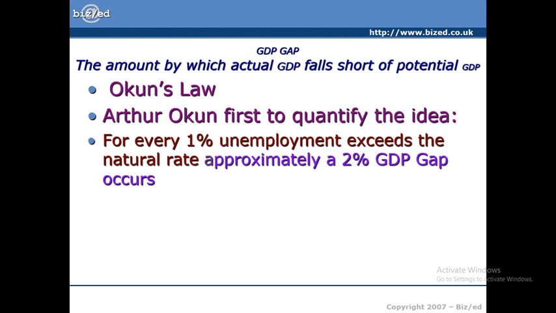Natural rate of unemployment will be there in any economy. So if unemployment exceeds the natural rate by 1%, then a 2% GDP gap occurs.